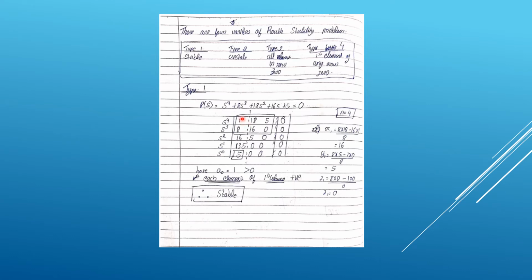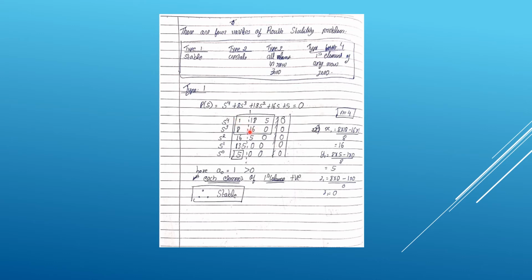Then we fill the first two rows with the coefficients: 1, 18, 5 and 8, 16, 0. We will write an extra column here with all zeros to easily write all the other values.